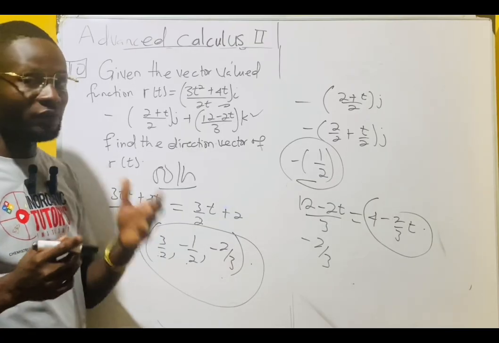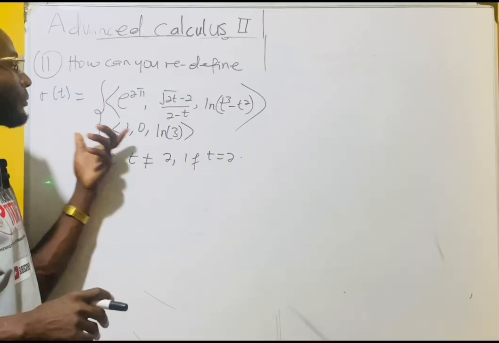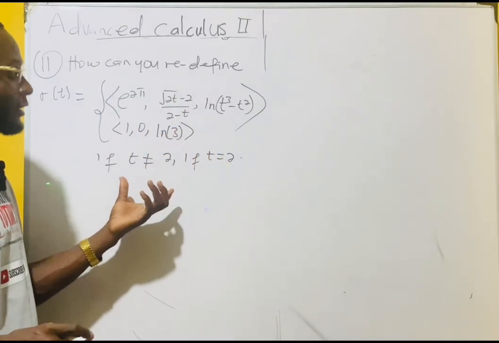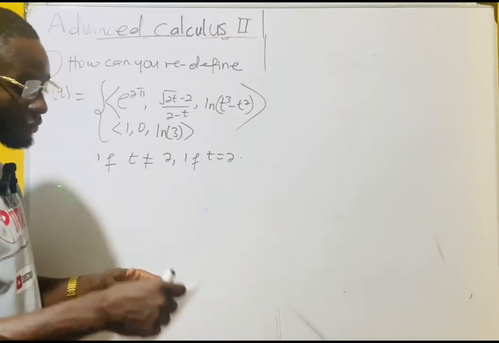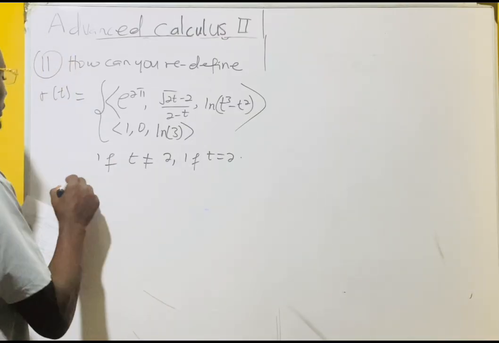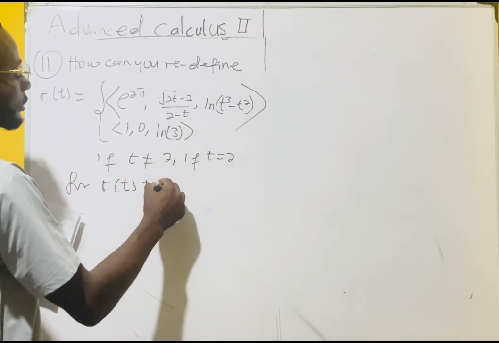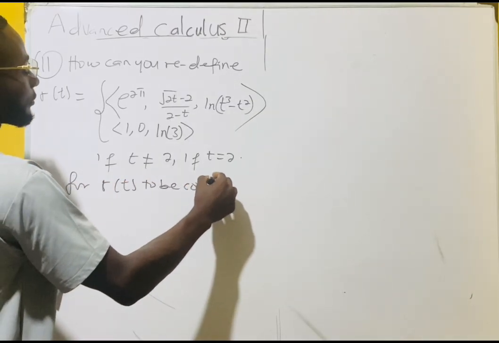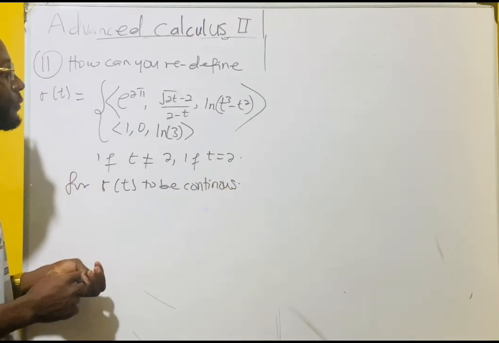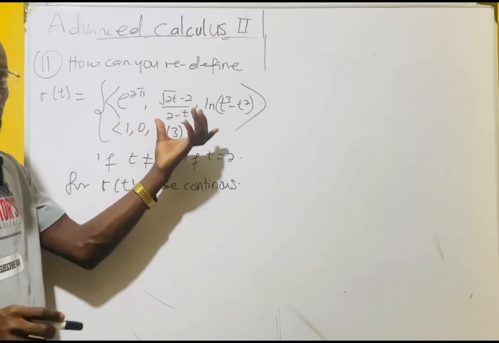All right, let's move on to question number 11. We are to redefine this particular function, right? So that the function will be what? Continuous. Okay, for r of t to be continuous, we have to consider them component wise, right?